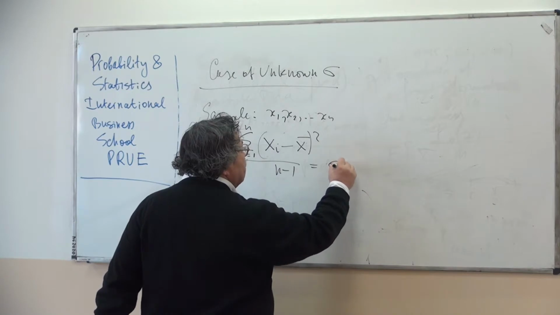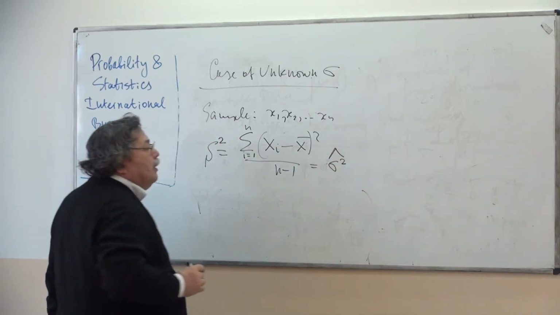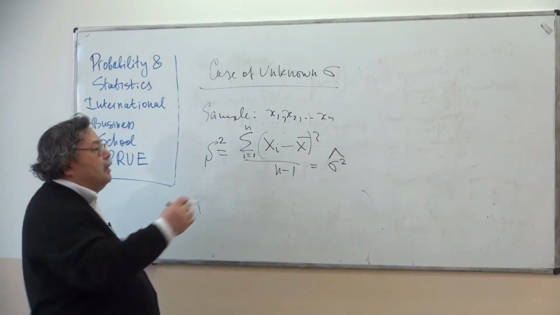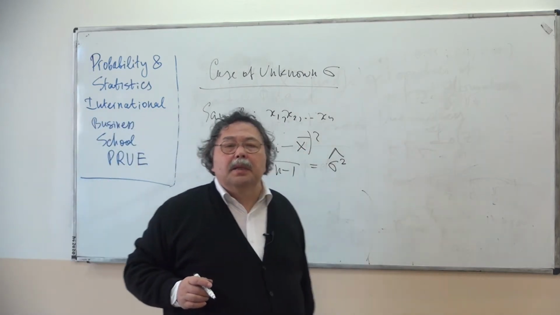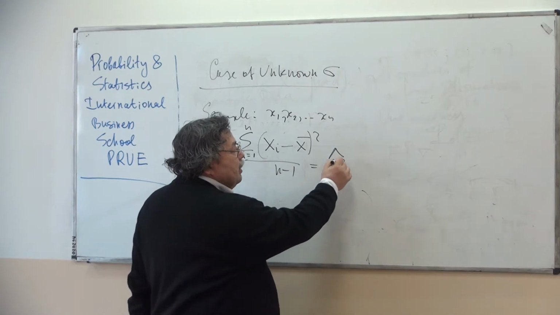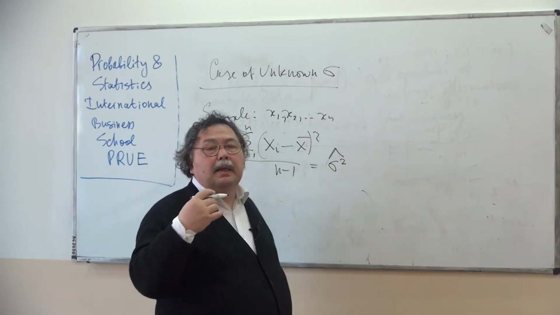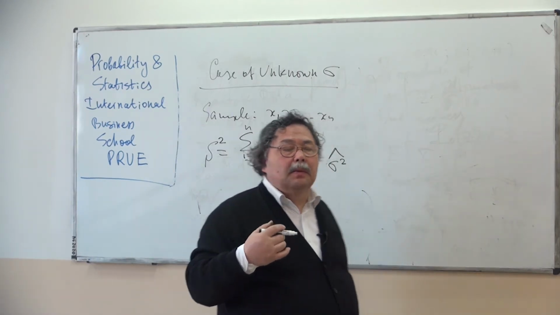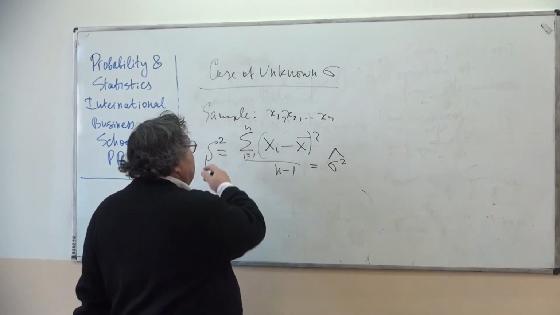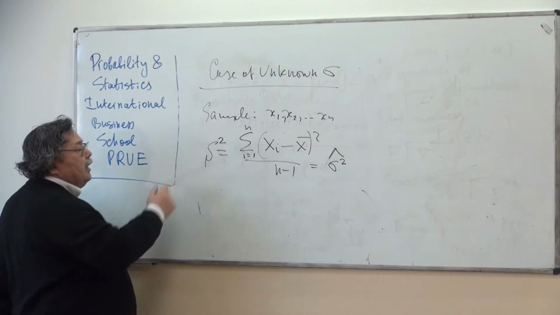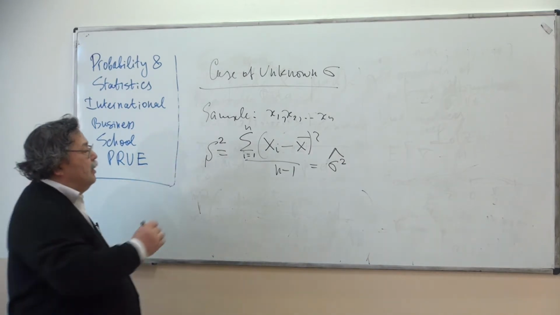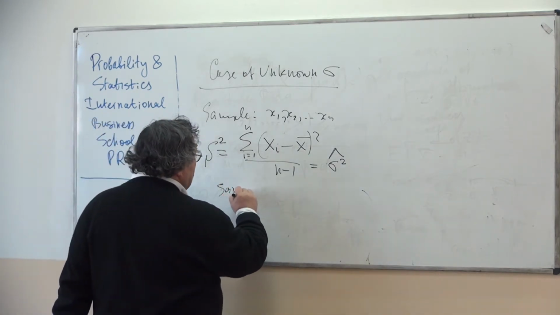Sigma squared hat. Well, as I already mentioned, this symbol hat indicates estimation. So sigma squared hat means estimate of sigma squared. And this is the estimator. S capital is the notation for this variable, and it's called sample variance.